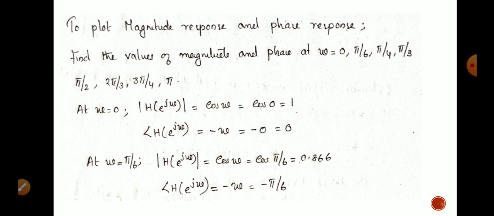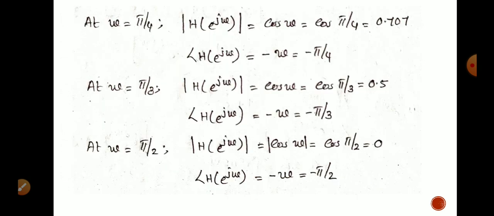At omega equal to pi by 6, the magnitude becomes cos pi by 6 equal to 0.866, and angle equal to minus omega equal to minus pi by 6. Then at omega equal to pi by 4, modulus equal to cos pi by 4 equal to 0.707, and angle equal to minus pi by 4.